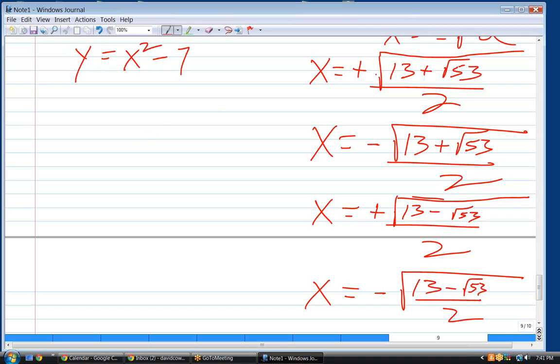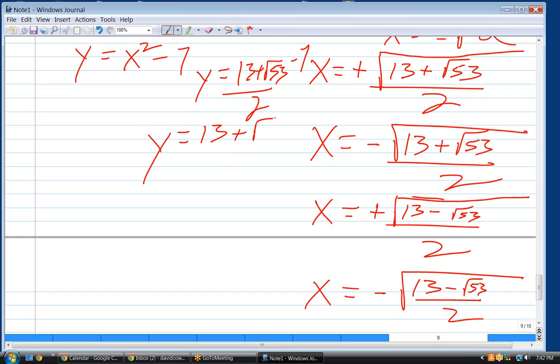So what's the y that goes with this? 13 plus root 53 over 2, minus 7. Okay, what's the y with the second one? Negative. Hold it, if we square that whole thing, we get the same thing, don't we? Yeah.